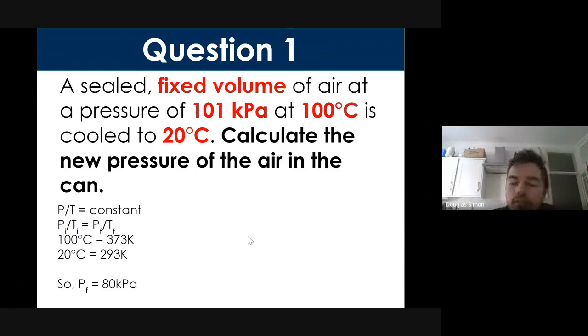If you don't believe me or you're not entirely sure what I mean, write it out. So write out for the temperature, in brackets 100 plus 273, and the final temperature in brackets 20 plus 273, and you'll see what I mean. You'll see that obviously it doesn't cancel as if we were just multiplying by this fixed factor of 1,000.